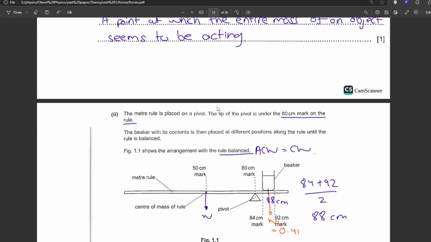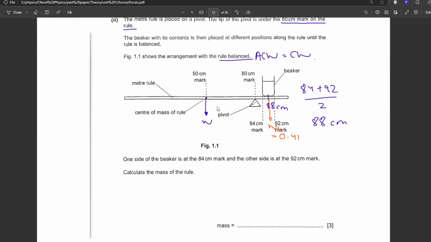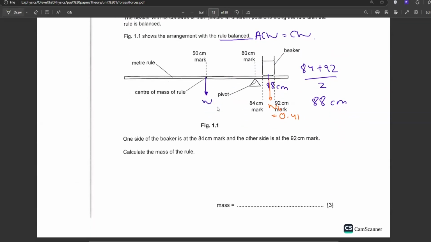No. Can you see in this entire question we are not given any value of gravitational field strength? If you are not given any value, you will take gravitational field strength as 9.8. Your weight of the beaker and contents comes out to be 4.018 Newton.